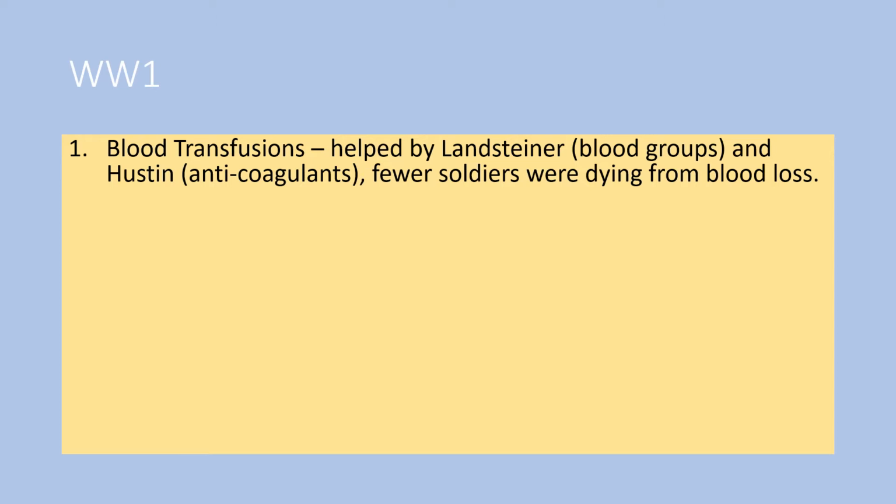The reason why we get much more successful blood transfusions during the First World War is because of other scientific developments that happened surrounding this. For instance, Karl Landsteiner identified that human beings do not all have the same type of blood, and that there are different blood groups.